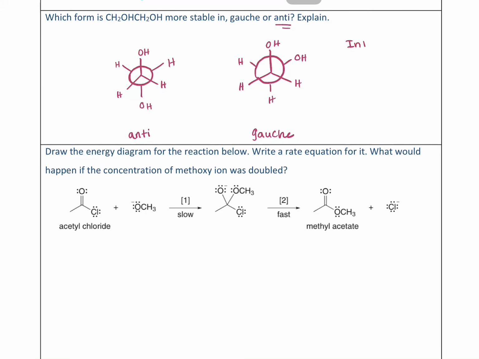Yes, it is the intramolecular hydrogen bonding that's happening in the gauche form. Because here you have this hydrogen bonded to oxygen, which forms a hydrogen bond right there. So that makes the gauche form more stable.